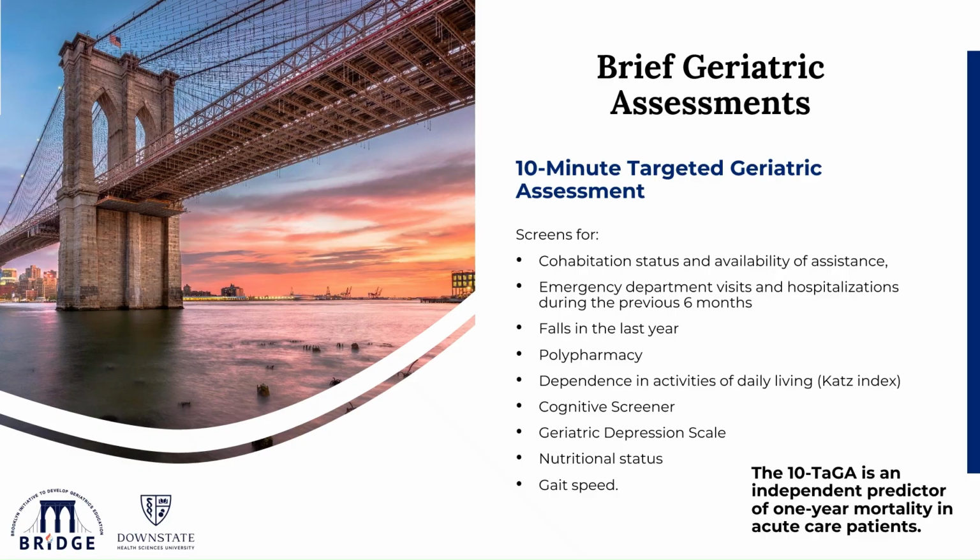The 10-minute targeted geriatric assessment was done in a prospective cohort study of over 700 older adults with multimorbidity that required hospital level care for non-surgical interventions or treatment. It screened for socio-environmental and cognitive areas, as well as nutritional status and functional status.